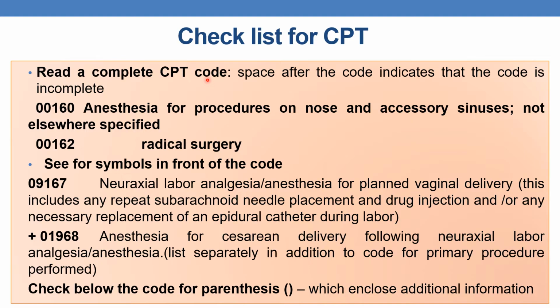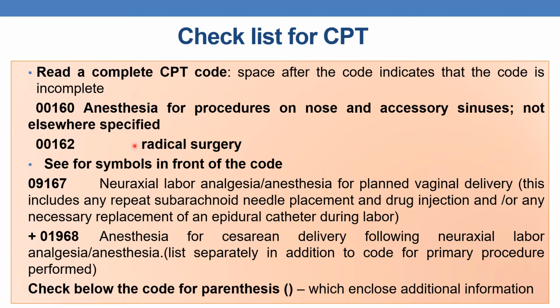Whenever there is a space after the code in the CPT book, it indicates that the specified code is incomplete. Here you can see an example. Code 00162. You can see a space after that code. And the second point is the descriptive term, it is starting with lowercase, radical surgery.